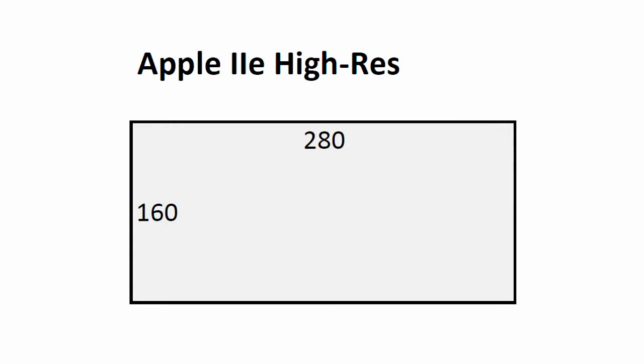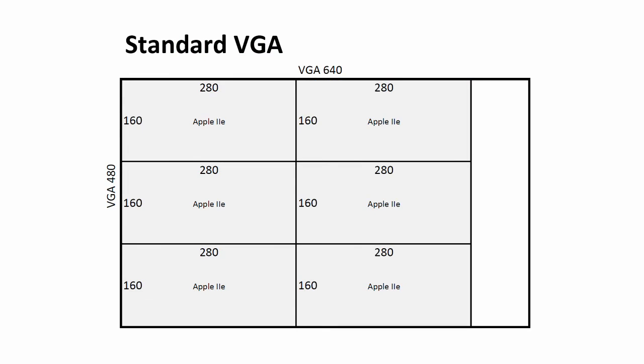Alright, now we're going to play around with drawing in the high-resolution graphics mode. For the Apple IIe, the high-res mode only has 280 columns across, and only 160 rows or lines. So that's 280 pixels by 160 pixels. Now standard VGA, which is a pretty old standard, actually has 640 pixels by 480 pixels.